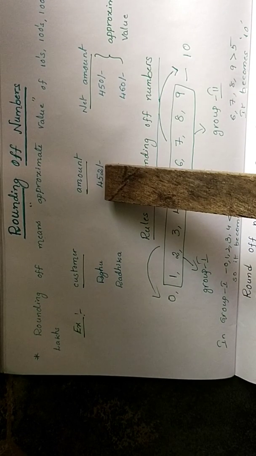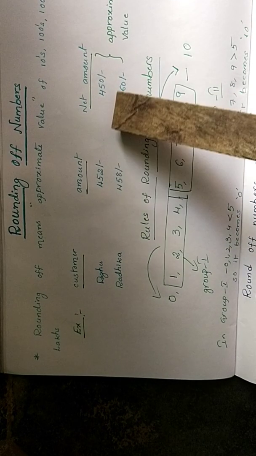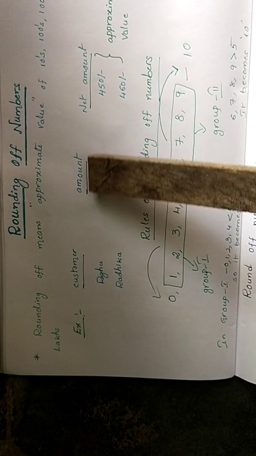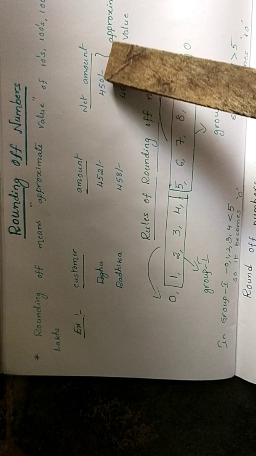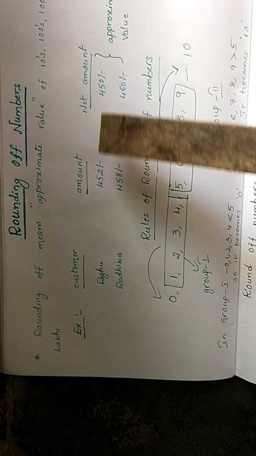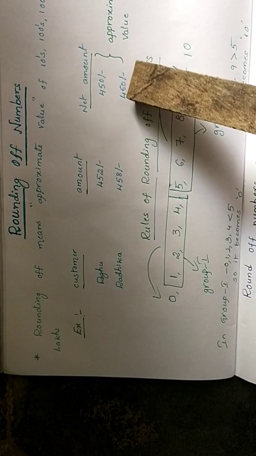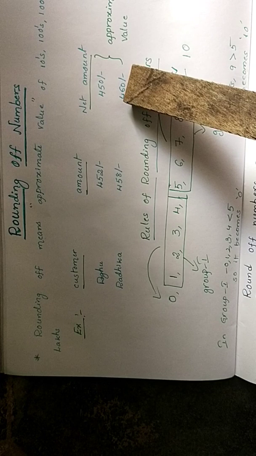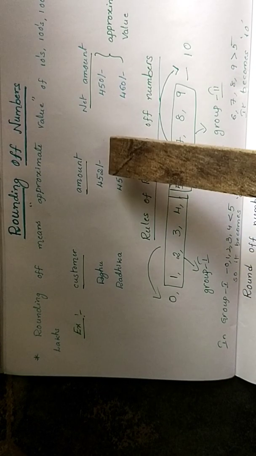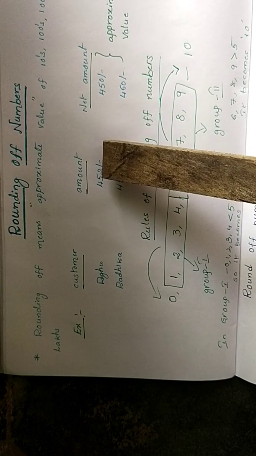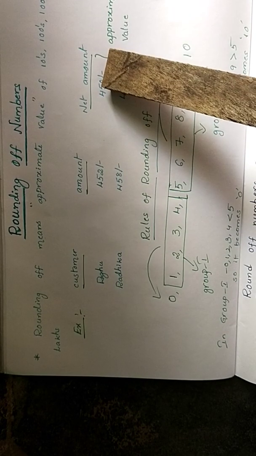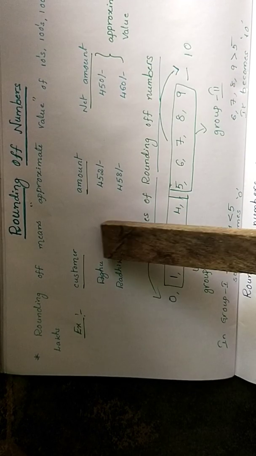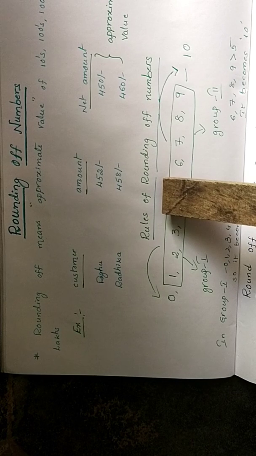Here 452 rupees was rounded off to the nearest tens. That's why 452 is nearest to 450. Next, 458 is nearest to 460. Here the shopkeeper took the nearest tens value. That's why here 450 and 460 are the amounts these two friends paid.